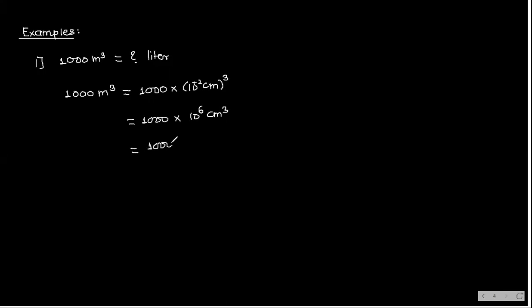This is 1000 into, how much is this? 10 power 3 into 10 power 3 centimeter cube. So this is again 10 power 3 into 10 power 3 into this 1000 centimeter cube. Yes or no? Clear?